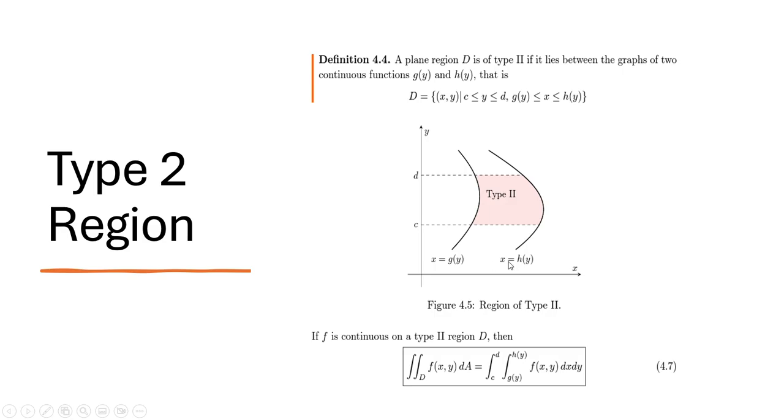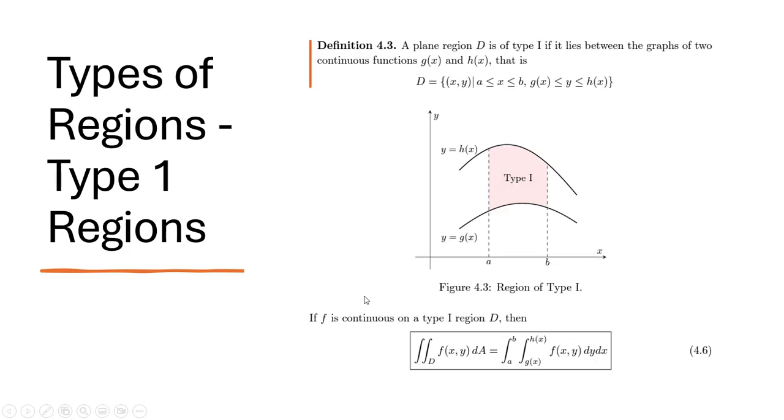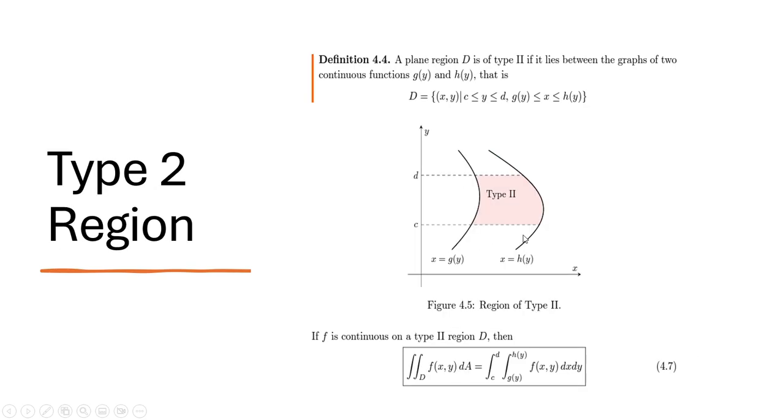Like type 1, when we draw horizontal lines parallel to the x-axis, they intersect the region at most twice. So for type 1, we draw lines parallel to the y-axis, and for type 2, we draw lines parallel to the x-axis.